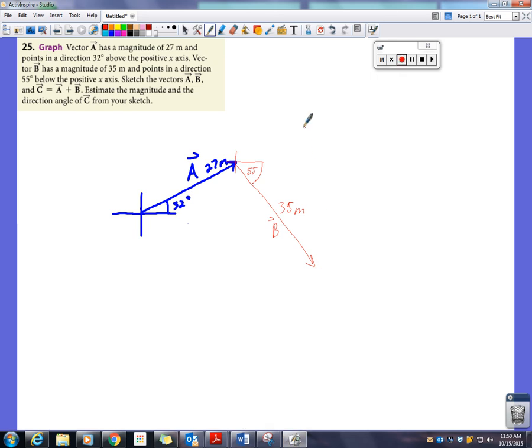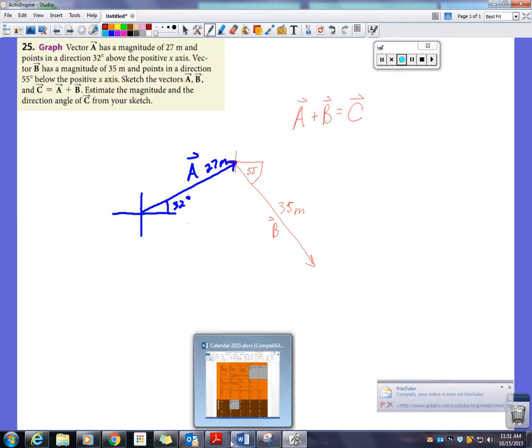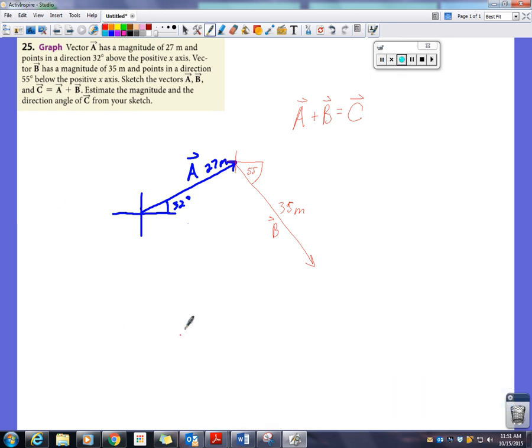So we know that we have vector A, and when we combine or add vector A to vector B, it should create some resultant, which we usually refer to as vector C, or sometimes R. But in this problem, they refer to it as C. So let's first draw this resultant in there. Now let's use green.